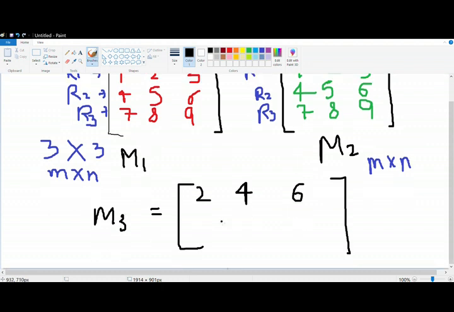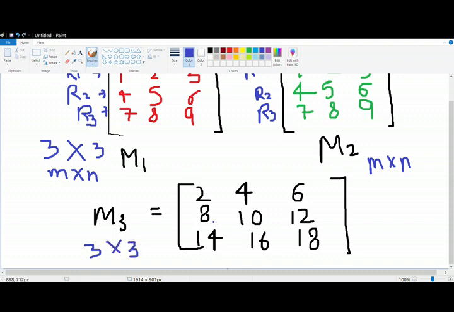Again 4 plus 4 is 8, 5 plus 5 is 10, 6 plus 6 is 12, 7 plus 7 is 14, 8 plus 8 is 16, and 9 plus 9 is 18. So we have this new matrix, which is the addition of both matrices 1 and 2, and it has the same order of 3 into 3.